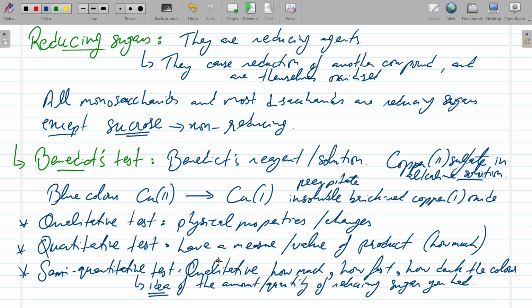If there's a lot of precipitate forming, or the precipitate starts forming very quickly, or if the color change happens very quickly or goes really dark, or whatever other qualitative test you're carrying out, and you notice these things, then it becomes semi-quantitative. It gives you just an idea of how much, how strong, or how concentrated, those kinds of estimates. Now, any questions?